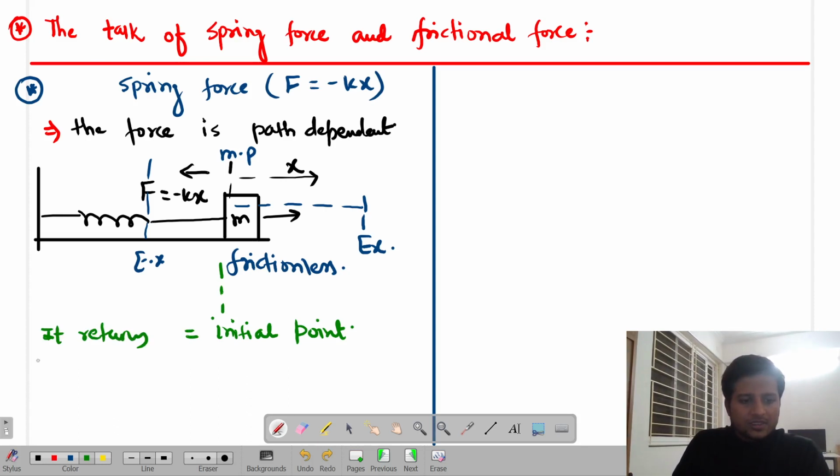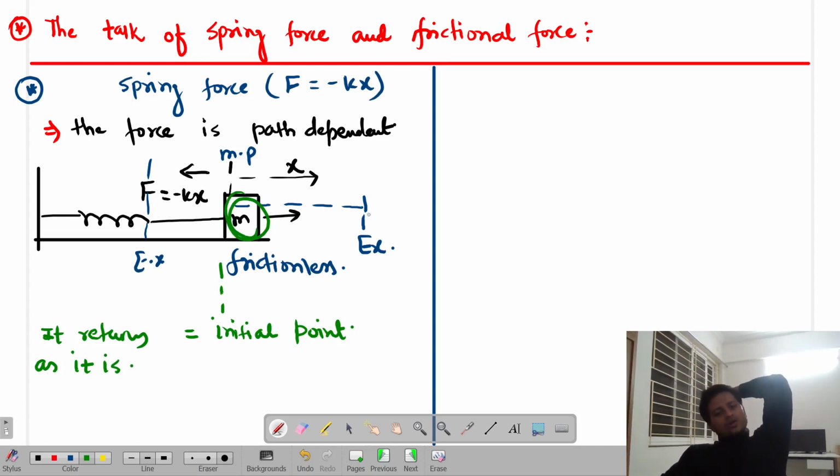Basically, in simple sense, whenever I displace this block from the mean point to the extreme point, then what we see is that although after going to the extreme point it is oscillating through this mean point, it is always returning to the mean point. Are you able to get me or not? So can we say that the net displacement along the whole of this path is basically zero? Yes.